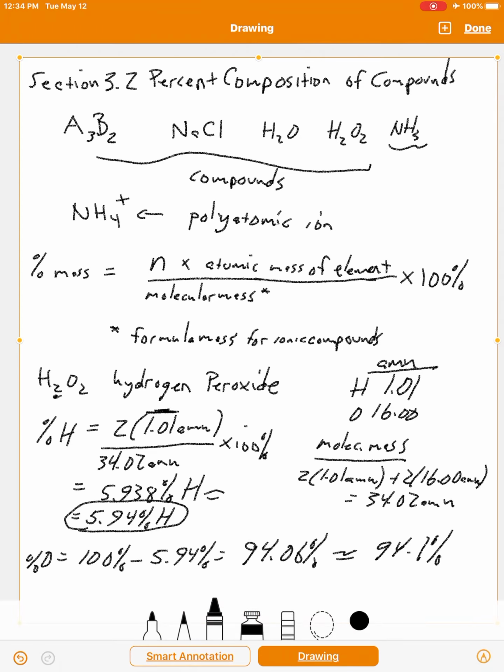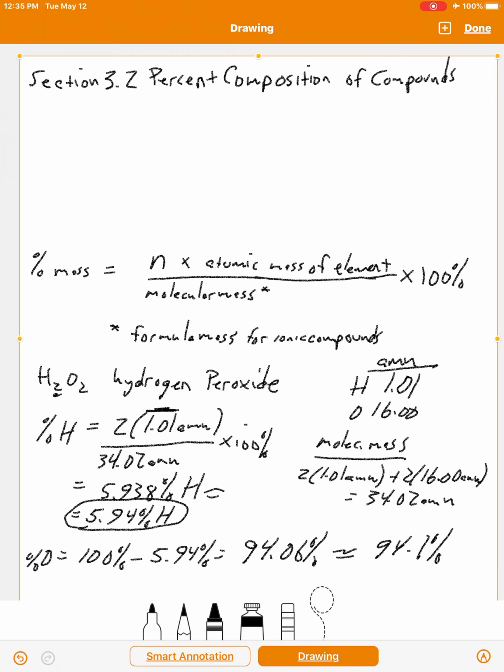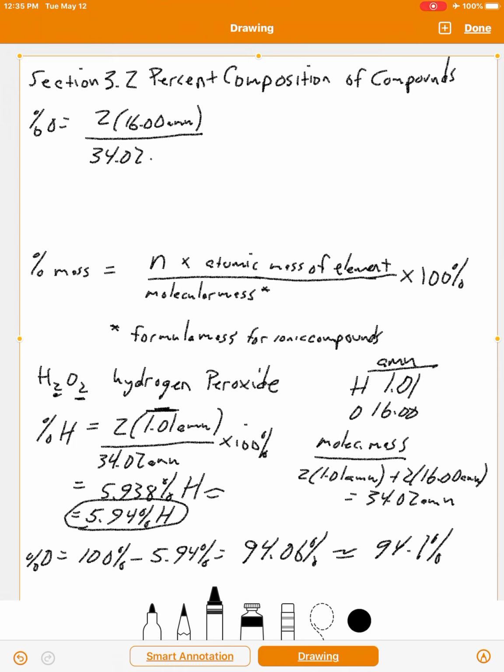Now, I'm going to show you a different way to do it, though. We're going to do it just like we did with the hydrogen. So let me make a little room over here. Percent oxygen would be, there's 2 oxygens in the chemical formula, so 2 times 16 divided by the molecular mass, times 100%.